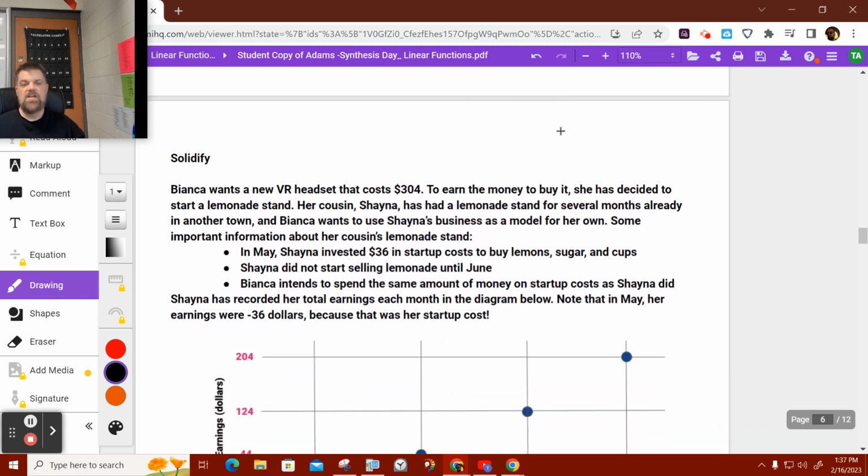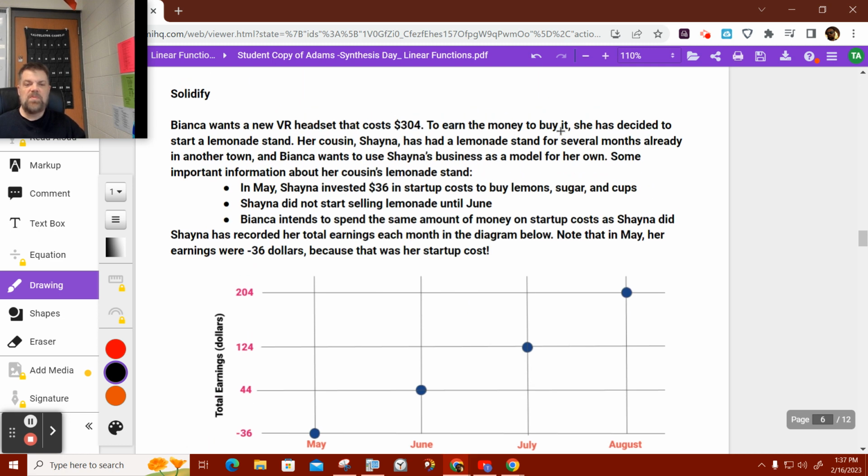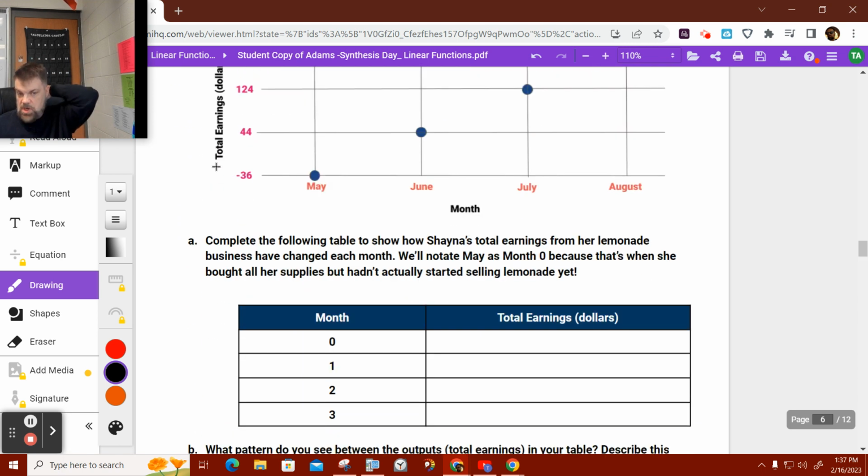So now, Bianca, this is the part where it's interesting. It says solidify, and now it's asking you, basically it gives you the same information in the same chart. And it says complete the table to show how Shayna's total earnings of her lemonade stand have changed each month.